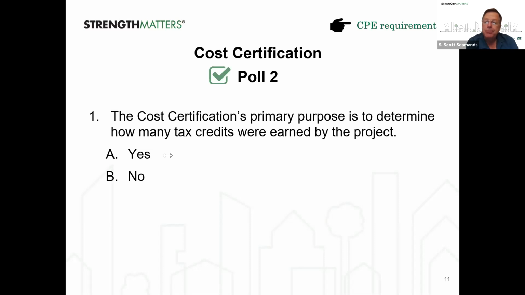Which is a problem because the partnership returns are due on extension by September 15th. It's the final deadline for filing them. And in the past, the IRS has said if you don't have the 8609s in hand, you shouldn't claim the credits. You can go back and amend in the future when you get the 8609s.